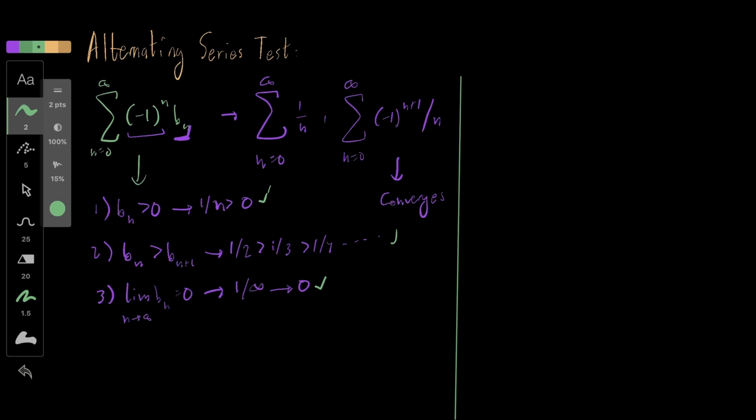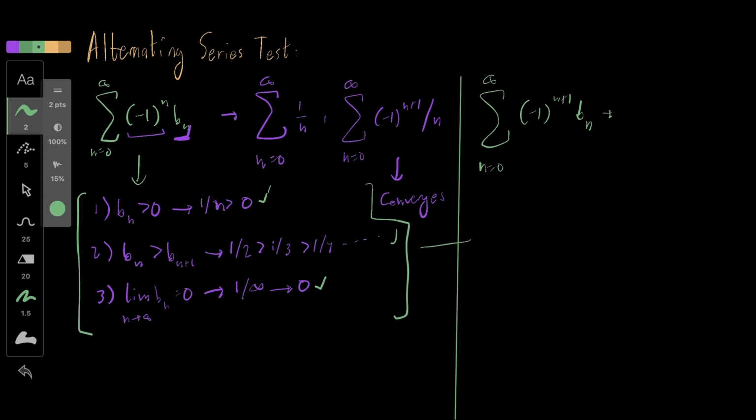Let's say we have an alternating series, the sum from 0 to infinity of (-1) to the n plus 1 times b of n. If it satisfies all three of these conditions, it is a convergent series. It converges.